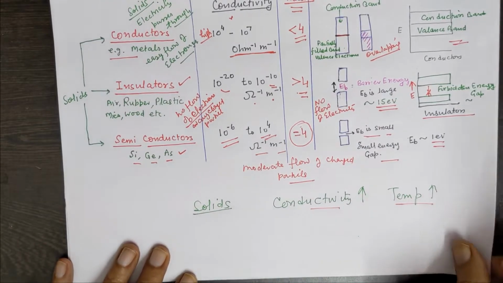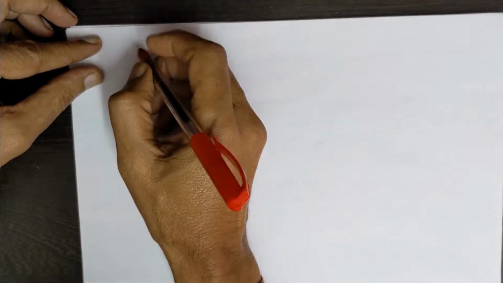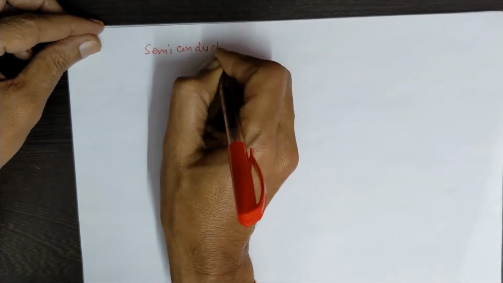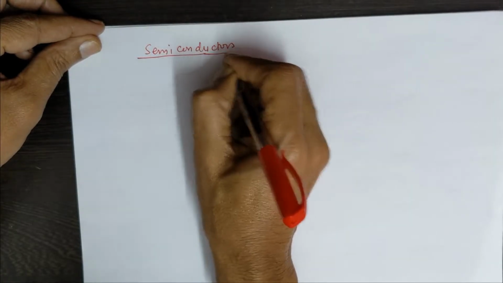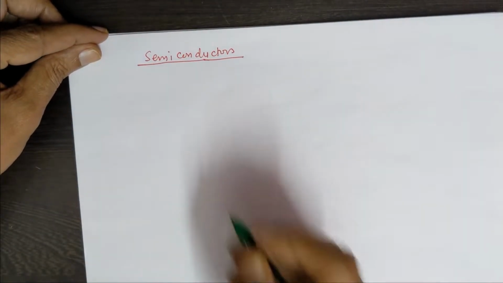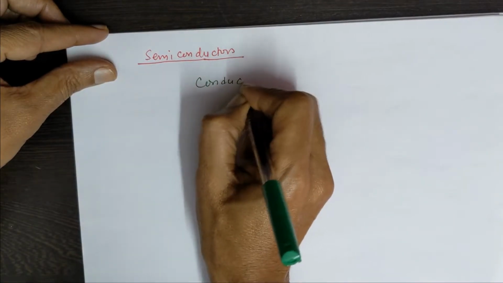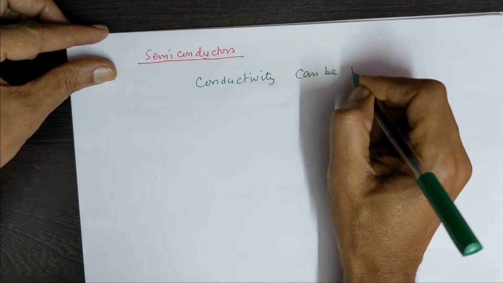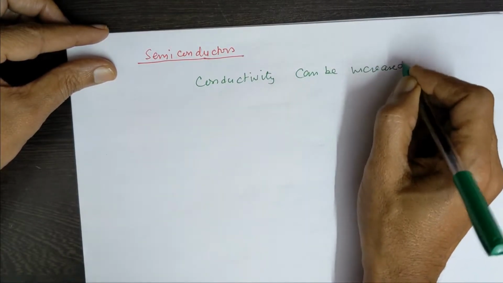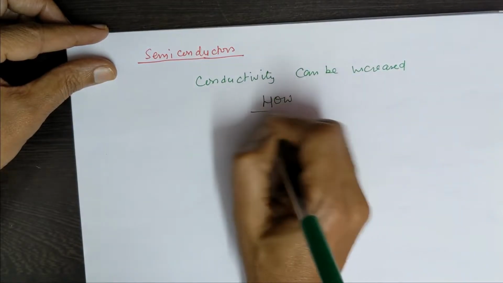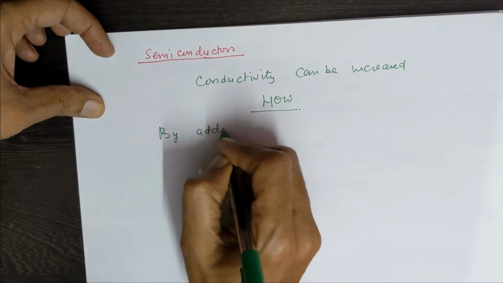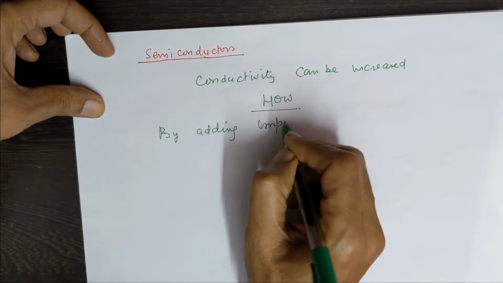In semiconductors, the conductivity can be increased. How? By adding impurities.